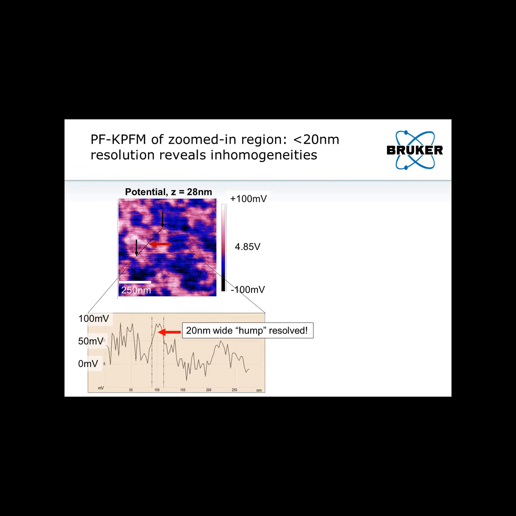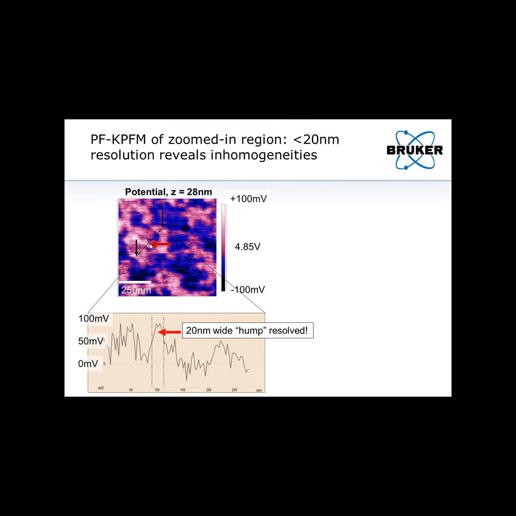So here it is. And we see right away that it exhibits a pretty large amount of variation. Actually, if you look at this profile here, it briefly goes through a dark region over here, which drops on the order of 100 millivolts down from these brighter regions.